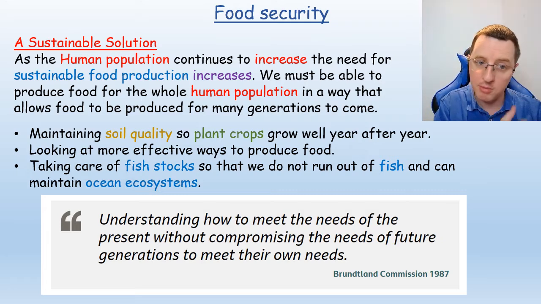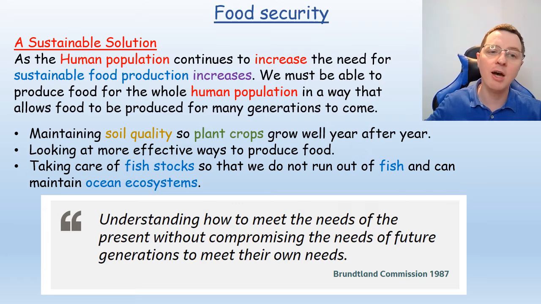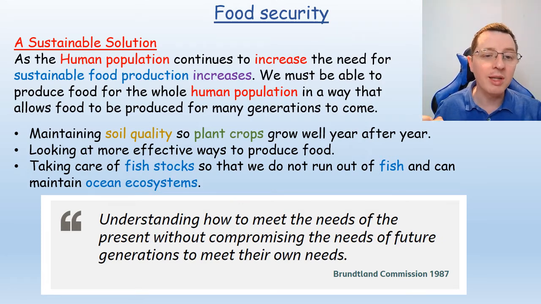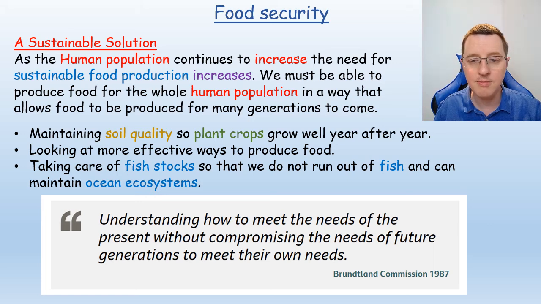We need to be able to maintain soil quality so that plant crops can grow well year after year after year. We need to look at more effective ways to produce the food, more efficient ways to produce food as well. And we need to take care of our fish stocks so that we do not run out of fish and can maintain oceanic ecosystems.